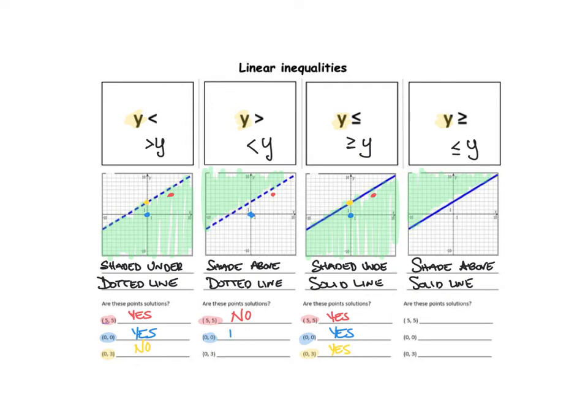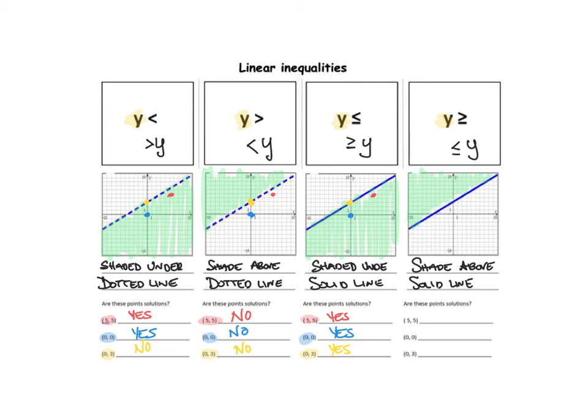And that is not in the shaded area, so it's not part of the solution. Then we have 0, 3. And 0, 3 is right here in a dotted line. And remember, dotted lines are not allowed, so this is not a solution.